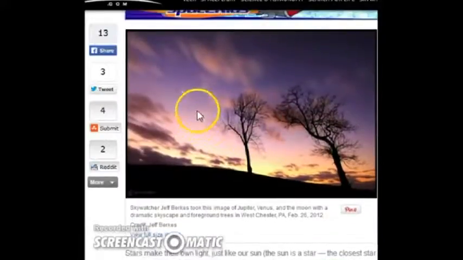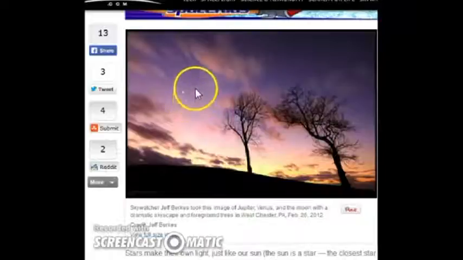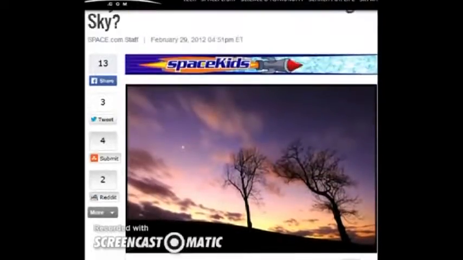If you believe these so-called planets that you see here are reflecting light, you're 100% deceived. These are nothing more than stars. And as the Bible states, the moon produces its own light as well. So you've got more than one lie in this article. Basically, everything they're telling you is a lie.